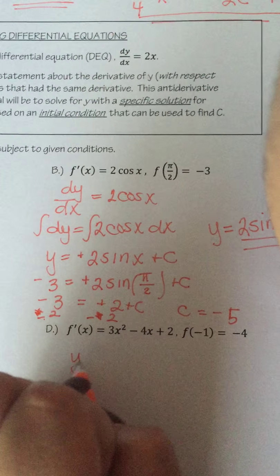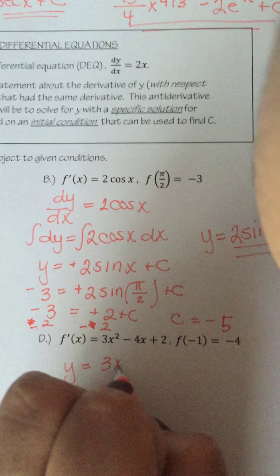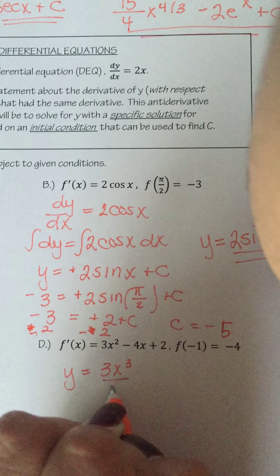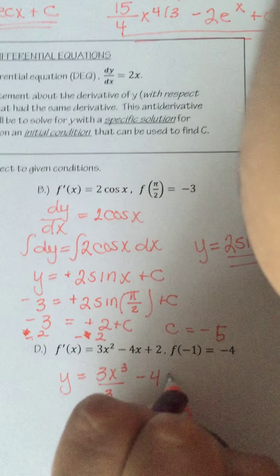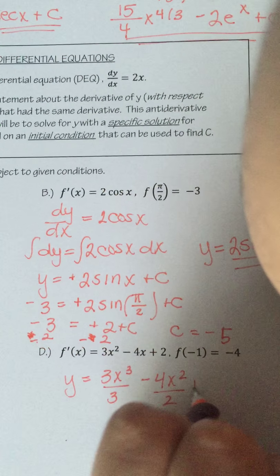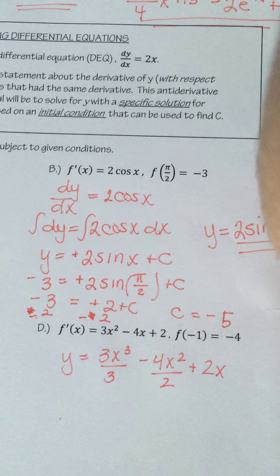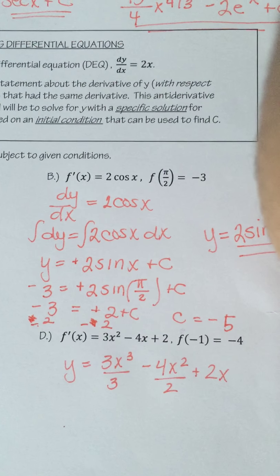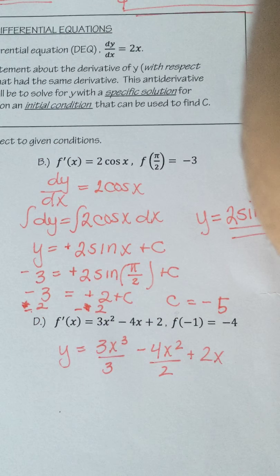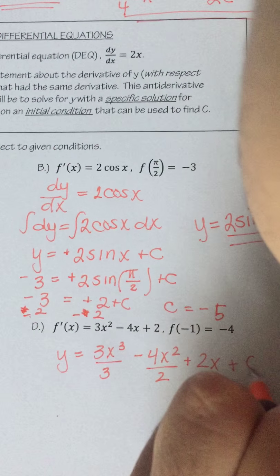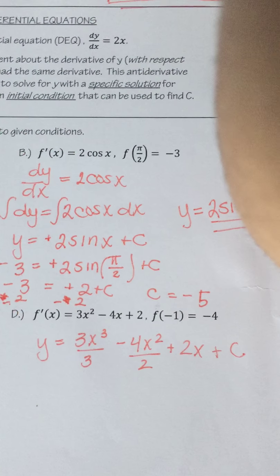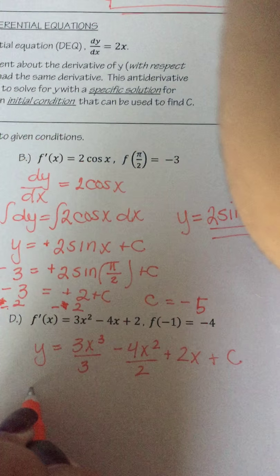y equals 3x cubed over 3 minus 4x squared over 2 plus 2x. I just automatically took the integral of the right side. And of course, plus c. We substitute in our values.